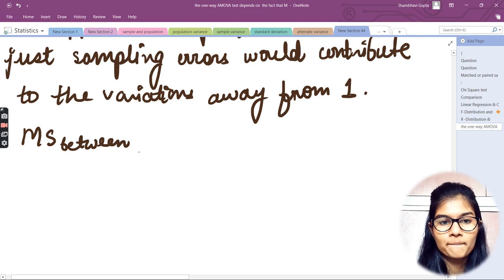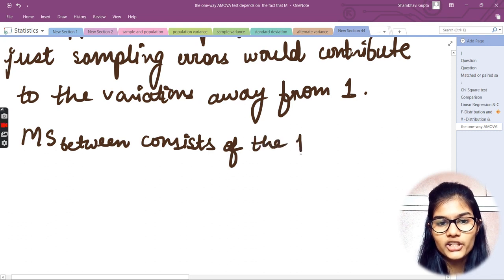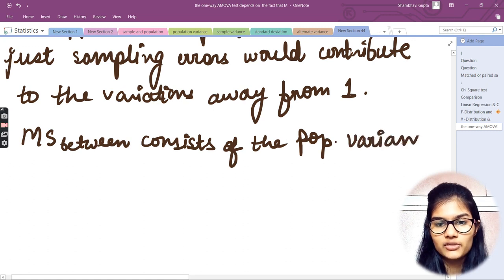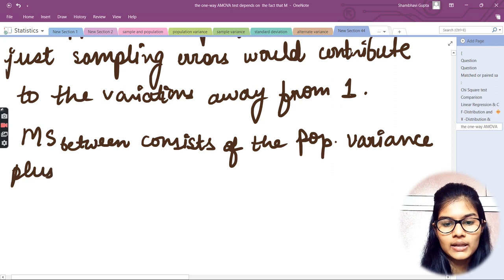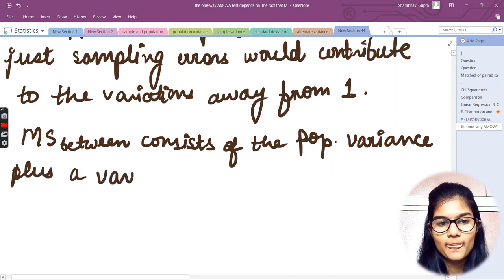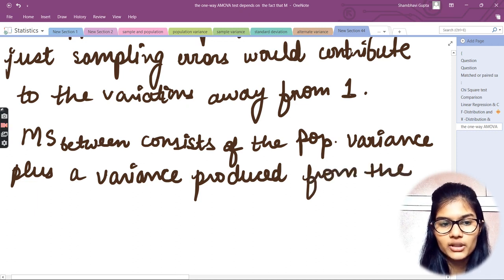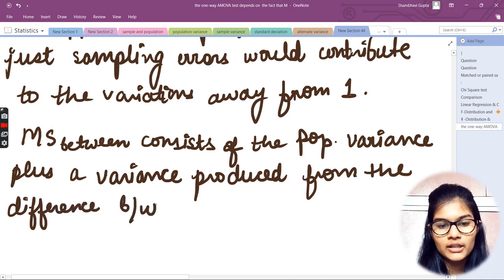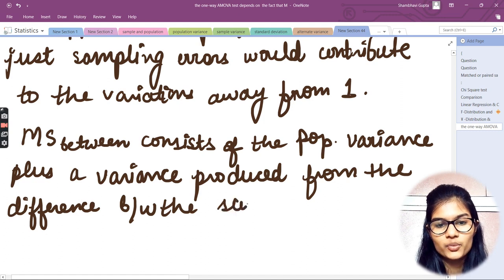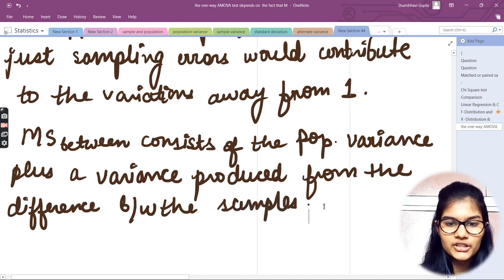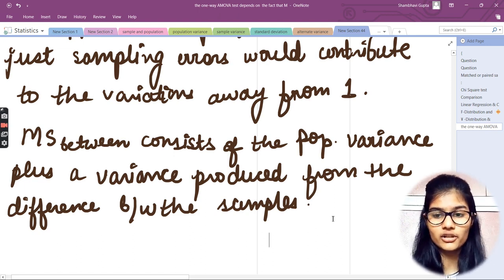MS between consists of the population variance plus a variance produced from the differences between the samples. Okay, this is what I was telling you in regard to the MS between.